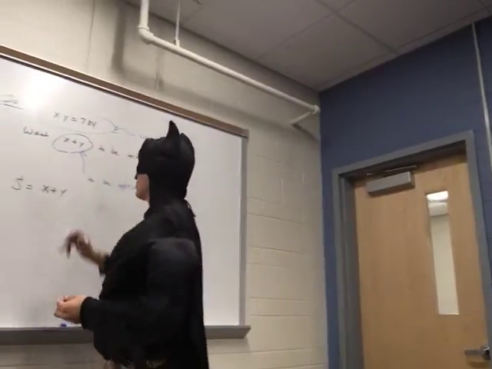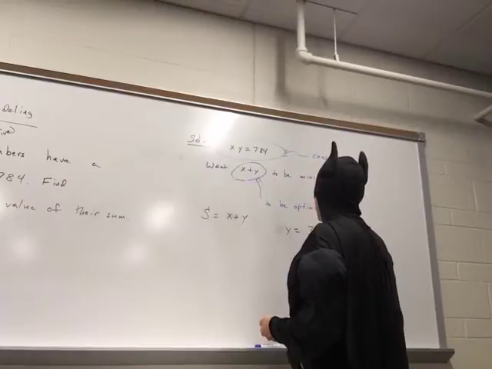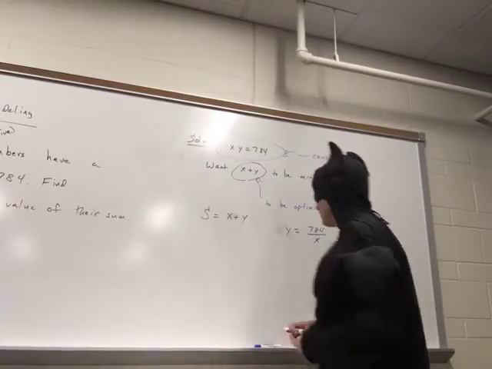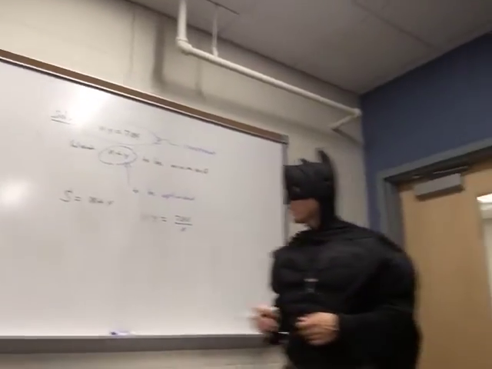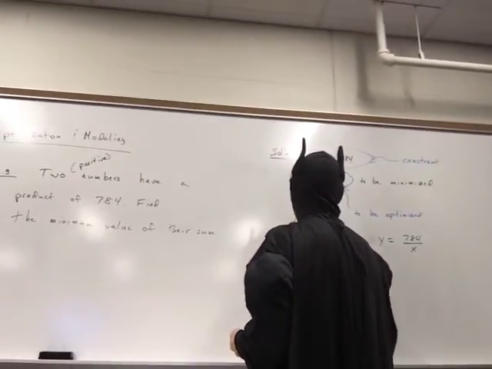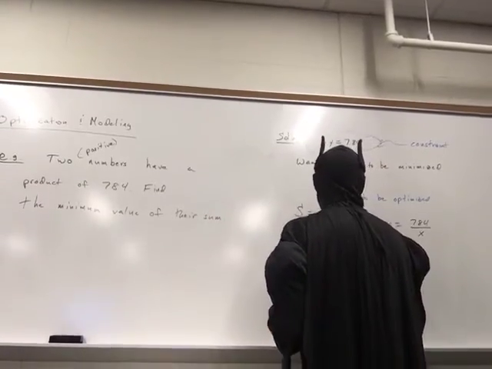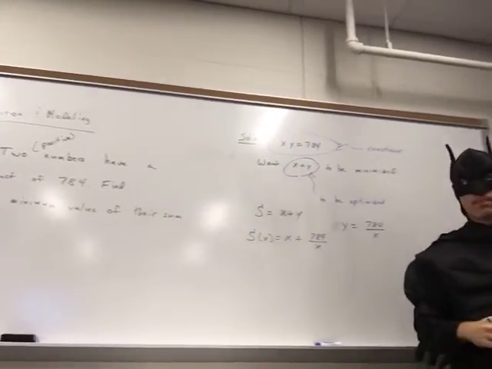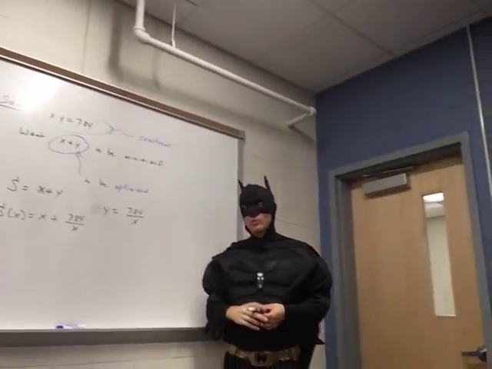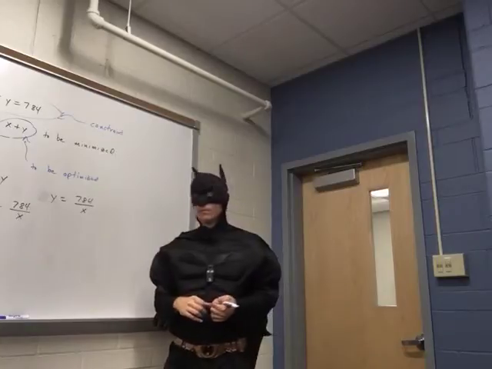Taking the constraint and solving for y gives me that y equals 784 over x, so I now have a function s of x equals x plus 784 over x. Key point now is we have a function of a single variable which we can hope to optimize.